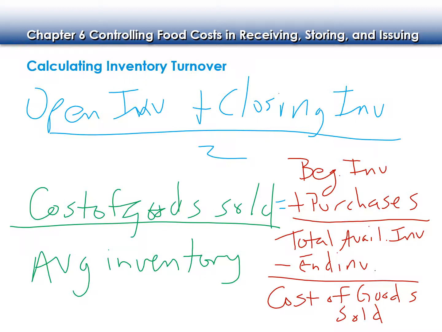That's going to affect my food cost percentage. That's why we do this formula, rather than just take that perpetual, oh yeah, this is what I sold, this was the ingredient cost for everything that I sold today, this is the dollar amount, I divide it, that's my food cost percentage. No.